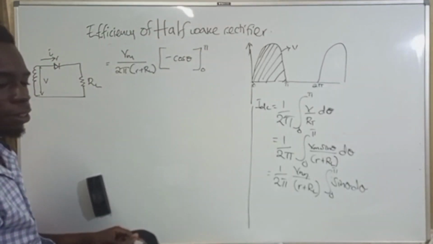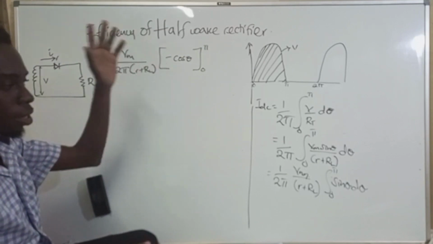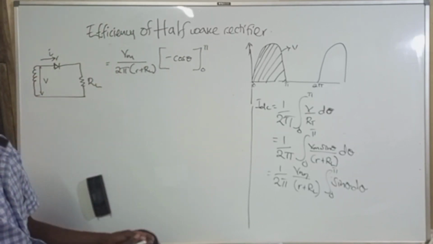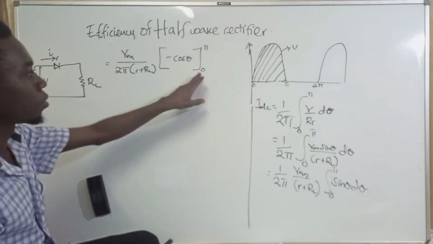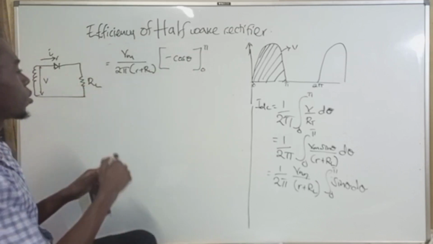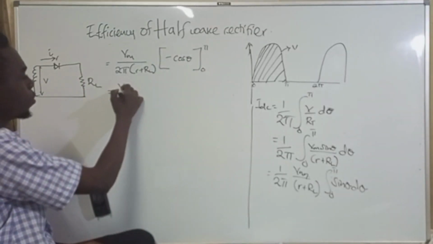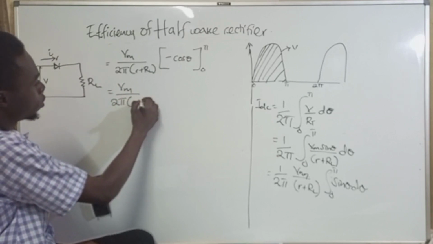And simply what is left is to substitute the limits of 0 and pi in the final equation. So when we put in those values, 0 and pi, what do we have? We shall have Vm over 2 pi into R plus RL.